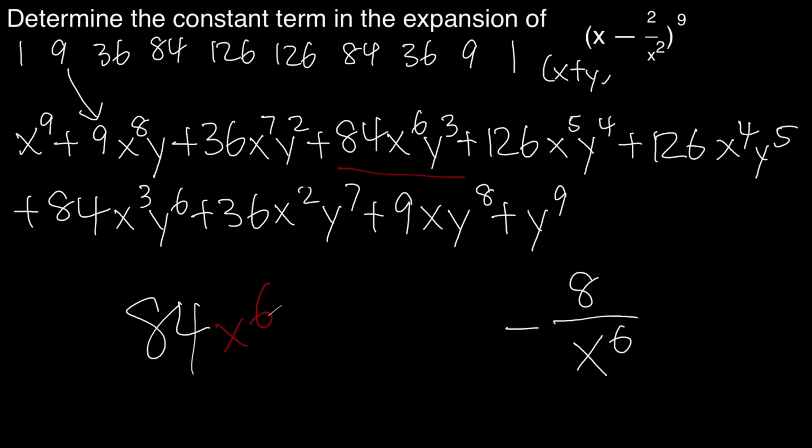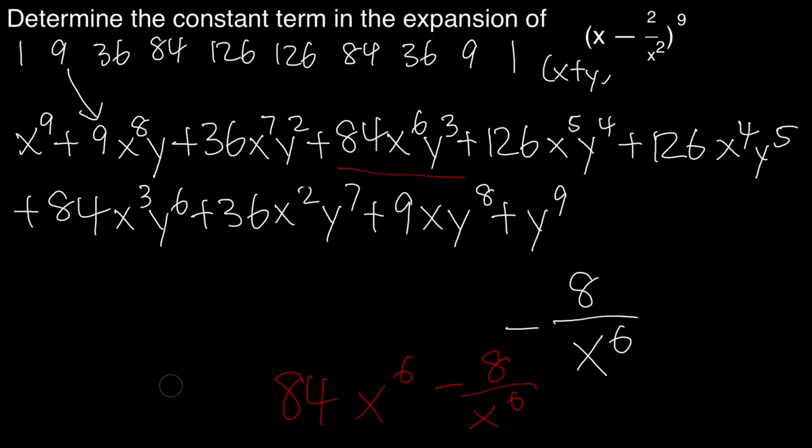Now we can rewrite it as 84 times negative 8 over x to the 6th, times x to the 6th. I'm going to erase all of these right there.